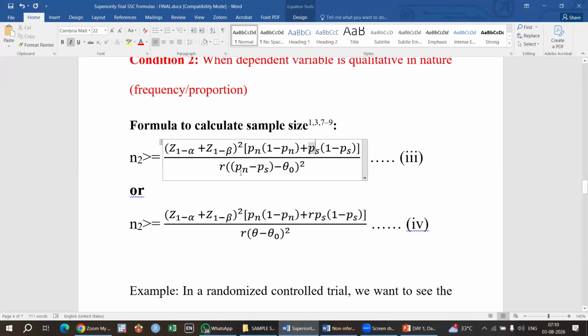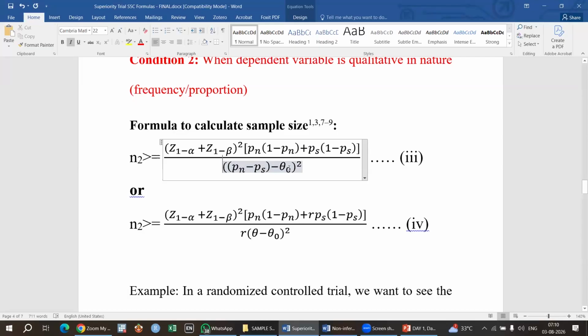Got it? Now please see this. I can remove this R also. No problem. And this is Pn minus Ps, the difference of the proportion between two groups, minus theta 0. Theta 0 is the superiority margin.